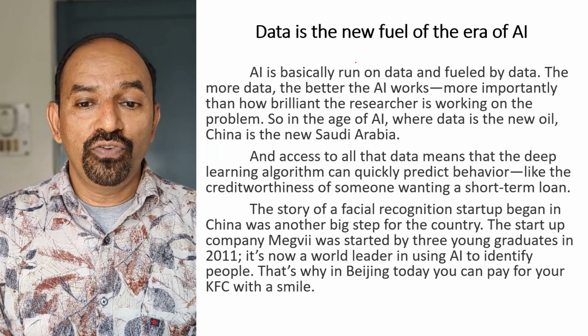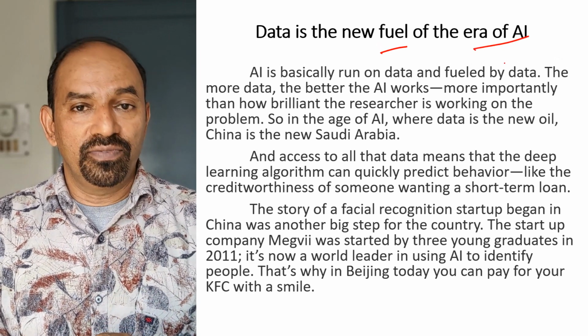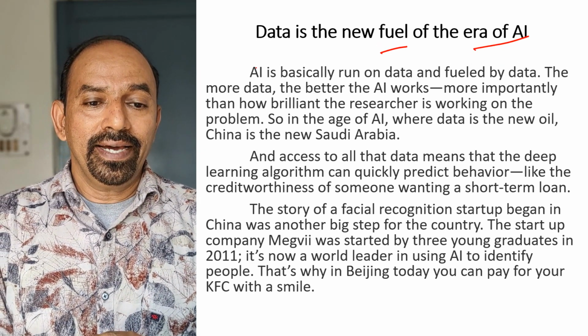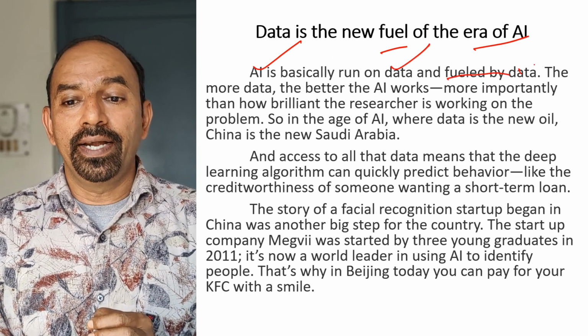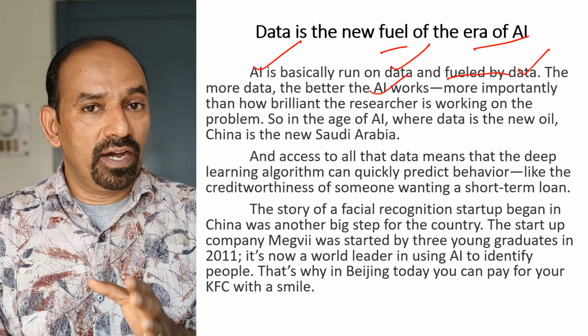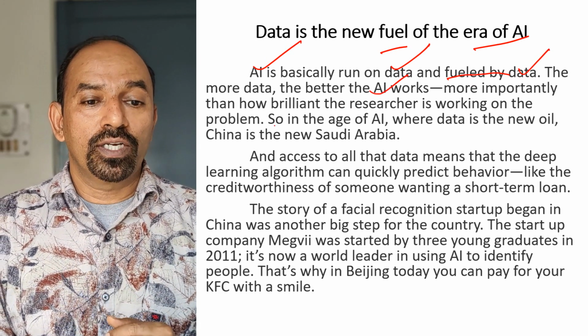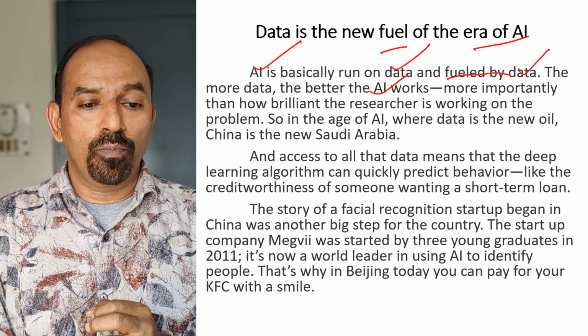Data is the new fuel of the era of artificial intelligence. AI basically runs on data and is fueled by data. The more data, the better AI works, more importantly than how brilliant the researcher working on the problem is.